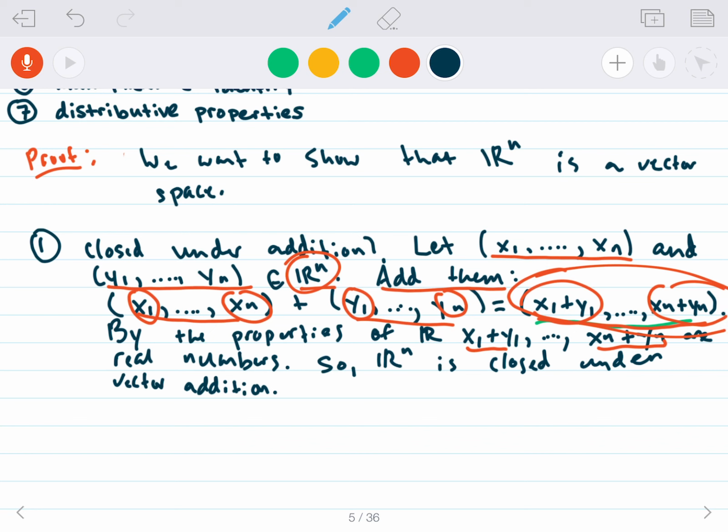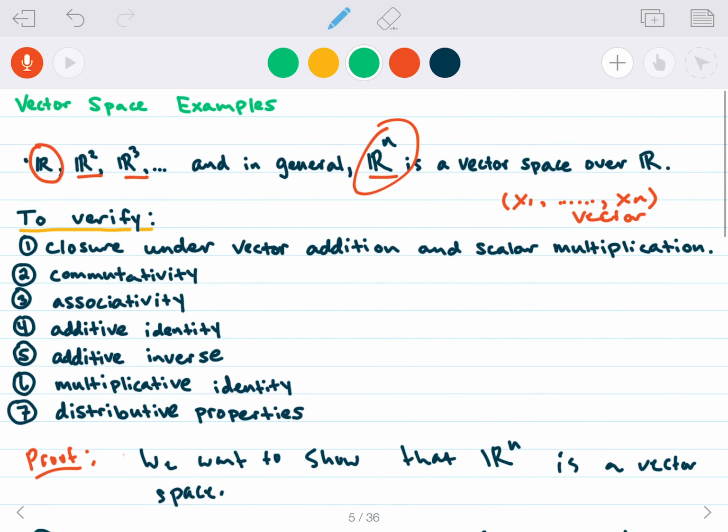How about closed under scalar mults? Well, remember our scalars are coming from the real numbers. When we say vector spaces over something, that's our scalars.